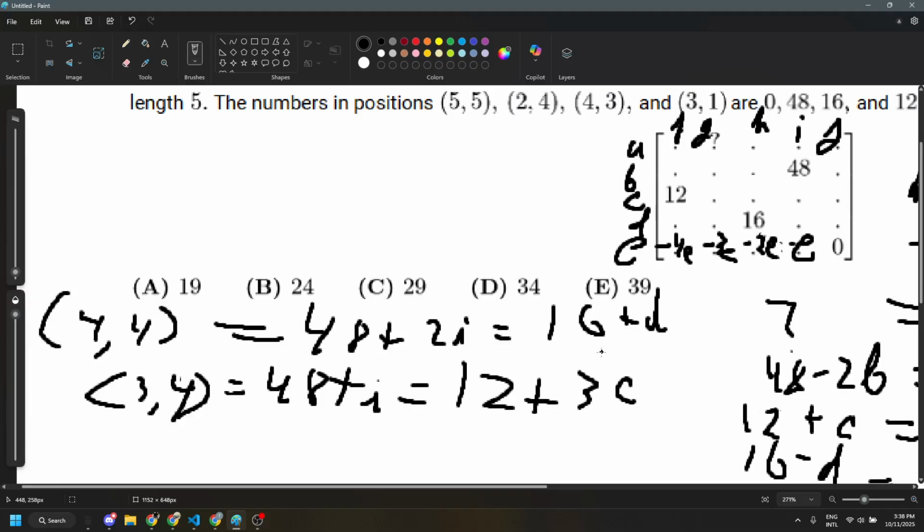Okay. Now, what do these have in common?